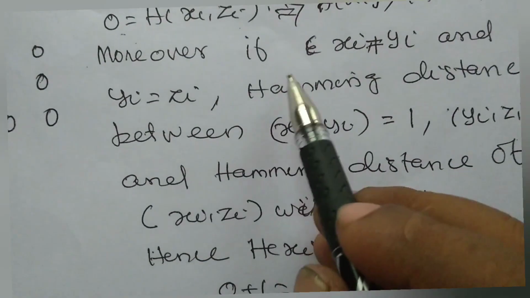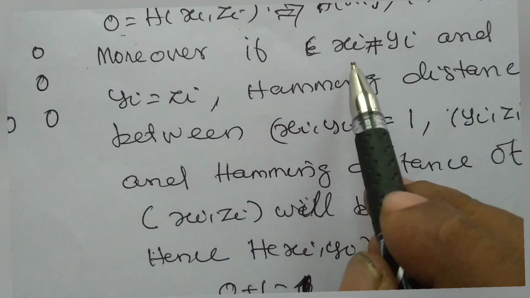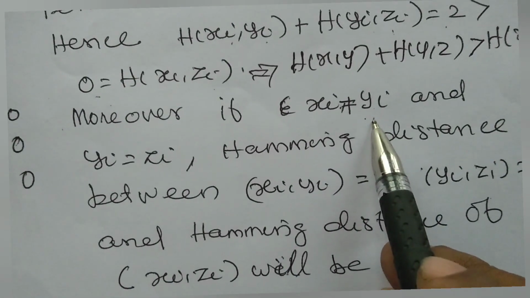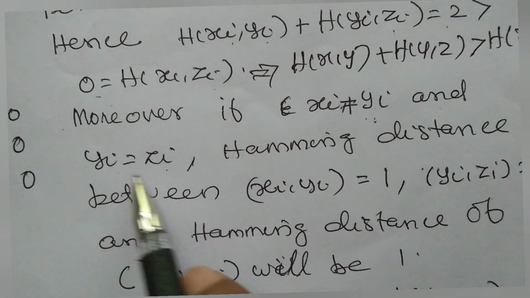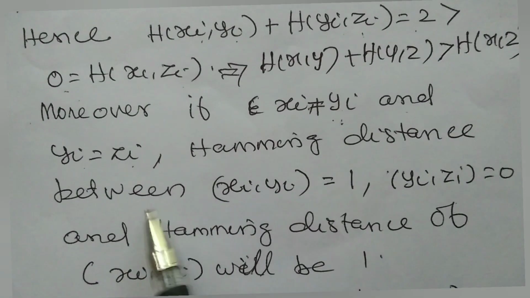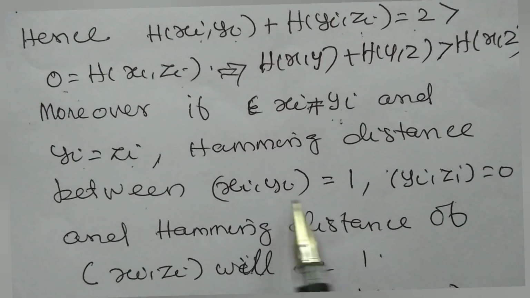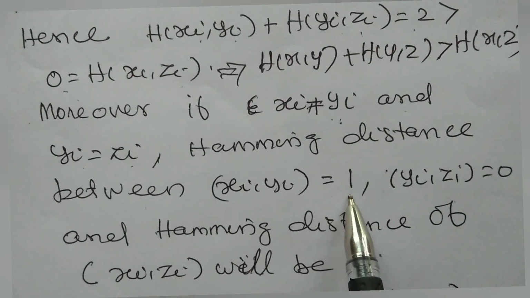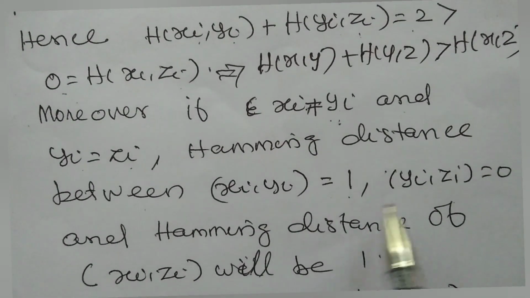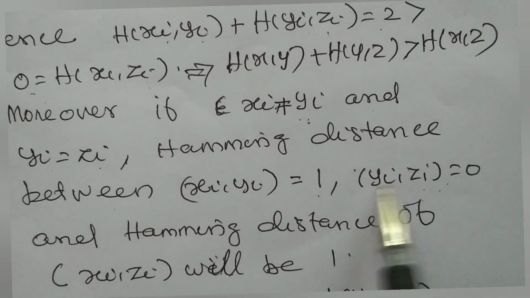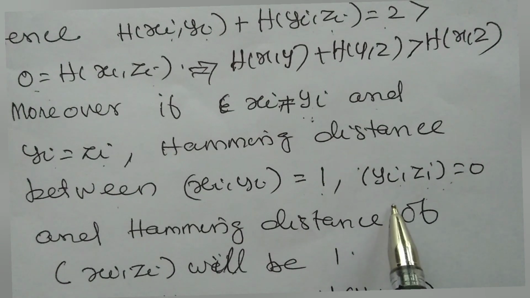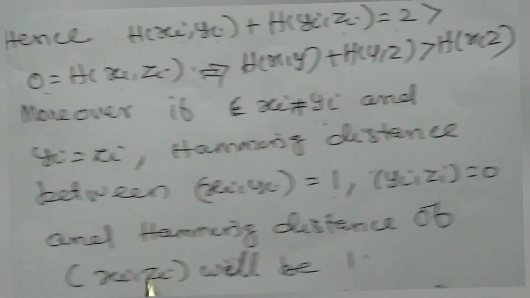Now, if any one of these two is identical, if xi not equal to yi and yi equal to zi, the Hamming distance between xi and yi is equal to 1 because they are not identical, and between yi and zi it is equal to 0 because these are identical. So what about the Hamming distance between xi and zi?